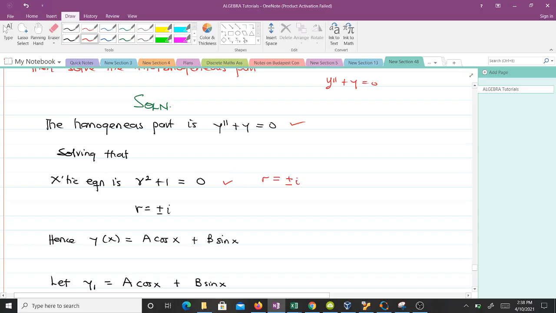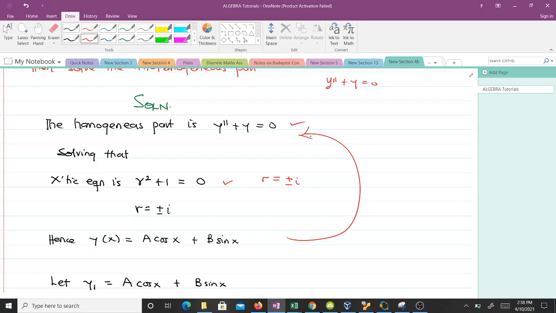Since we have complex roots, we get cos and sine. Hence the general solution of y double prime plus y equals 0 is y of x equals a cos x plus b sine x.